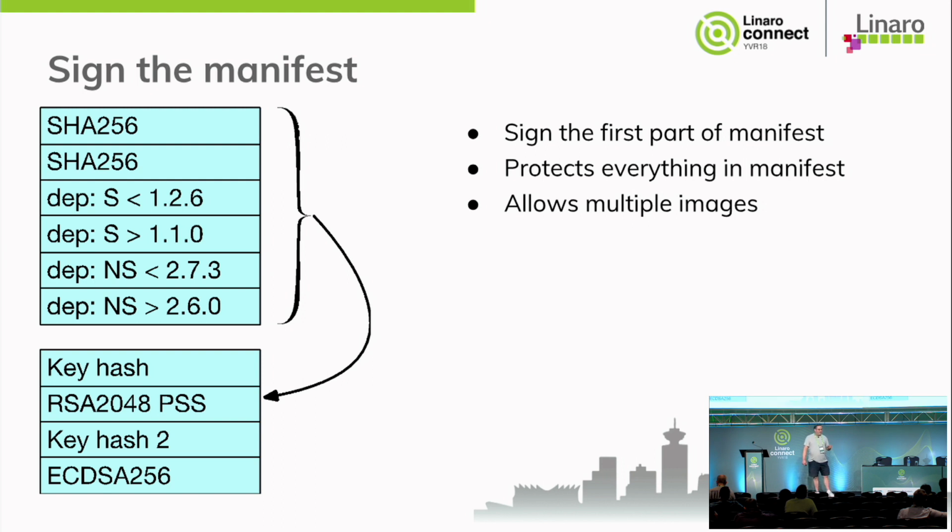To change this, we have the manifest itself, some beginning part of it with the hashes of the images and the dependency information. And then we sign that. So the manifest is self-signed and contains a hash of what images it describes. And this allows us to protect anything we want. If we add more data to the manifest later, it'll still be covered by the signature.